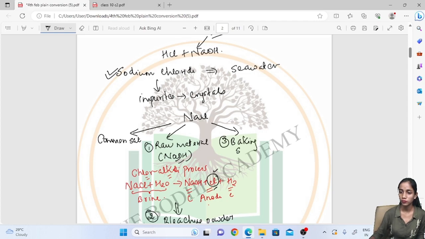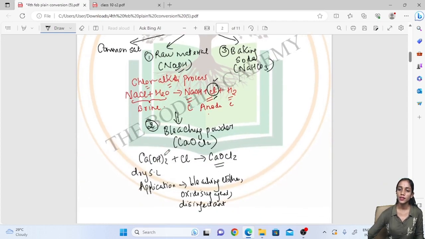Baking soda. The chemical formula of baking soda is sodium hydrogen carbonate. Now how is this produced?